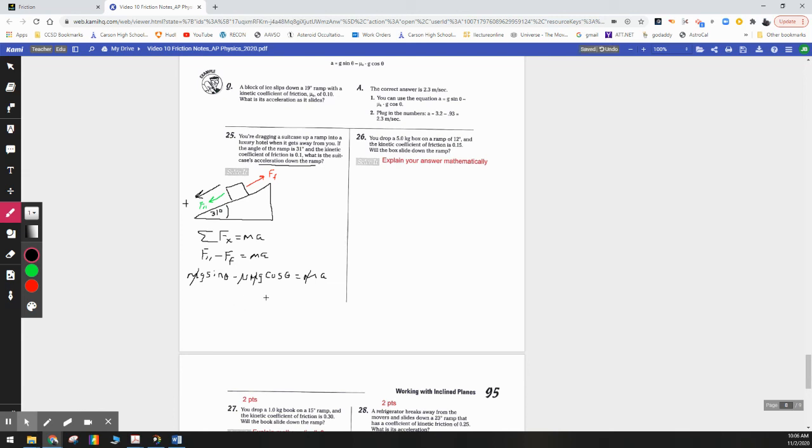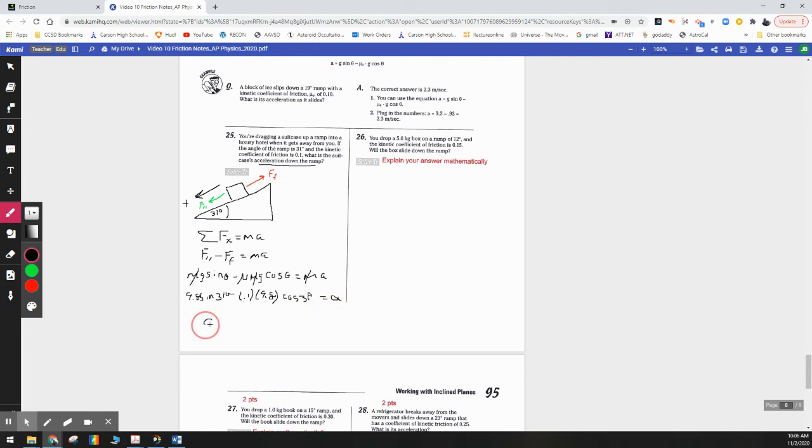So we would have 9.8 times the sine of 31 degrees minus 0.1, the coefficient of friction, times 9.8 times the cosine of 31 degrees, which equals the acceleration.